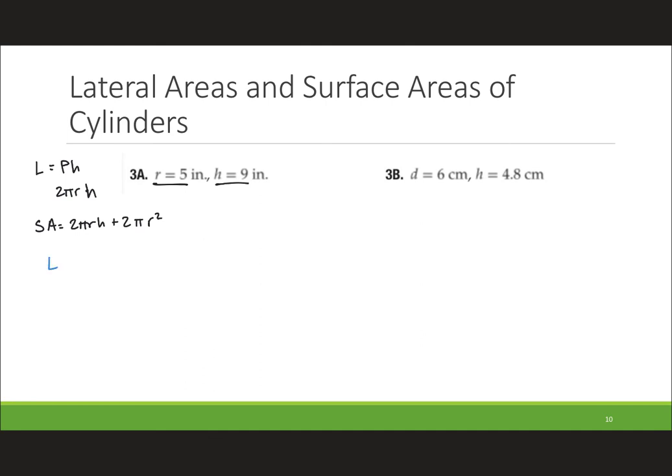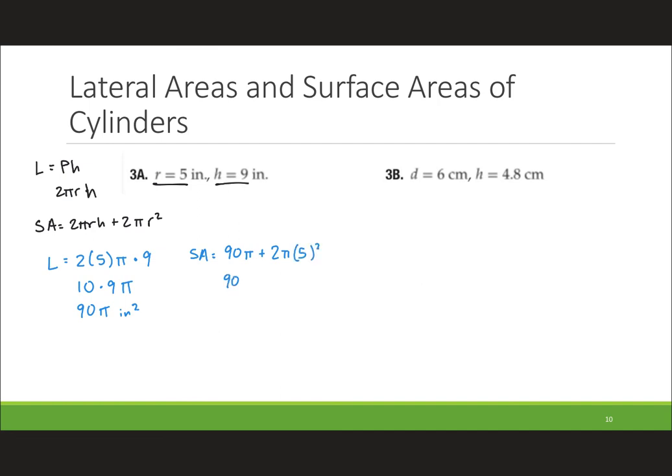So for lateral area, I'm going to plug in 2 times 5 pi times 9, which is going to be 10 times 9 pi, which is 90 pi. Okay? Inches squared, because it's a lateral area. Now to find surface area, I'm going to take my lateral area, which is 90 pi, and add it to the 2 pi r squared.